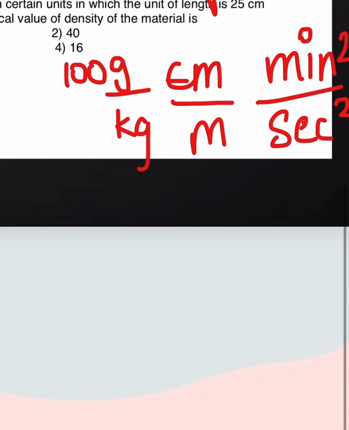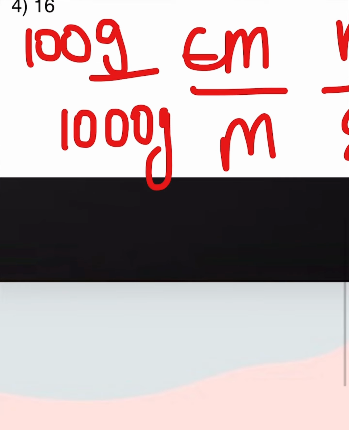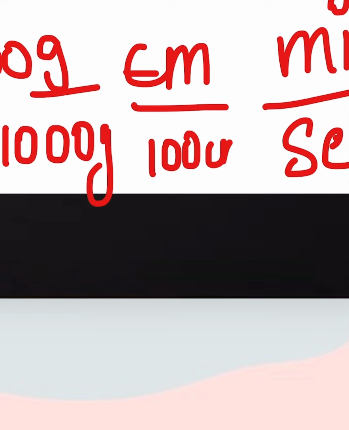So gram divided by kilogram, we can replace 1 kilogram as 1000 gram, so 100 divided by 1000. We can replace this meter as 1 meter has 100 centimeter.